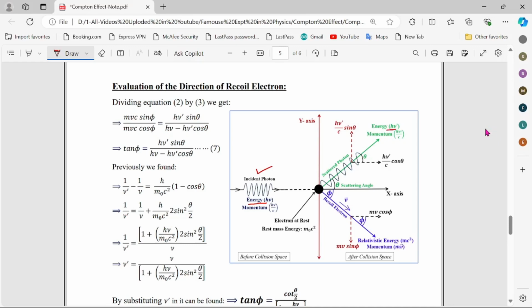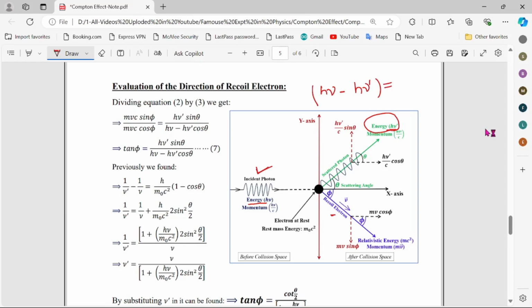So after scattering of this photon with the electron, the remaining energy is h mu dash. That means the rest of the energy is gained by this electron. So h mu was the initial energy of the photon, and h mu dash is the final energy of the photon after scattering with the electron. So h mu minus h mu dash is nothing but the energy lost by the incident photon, which is gained as the kinetic energy.